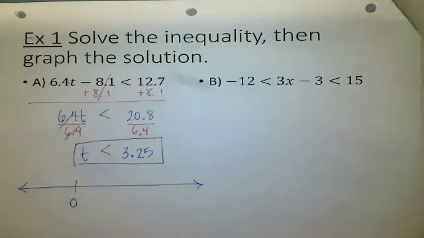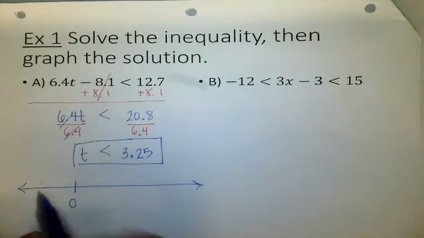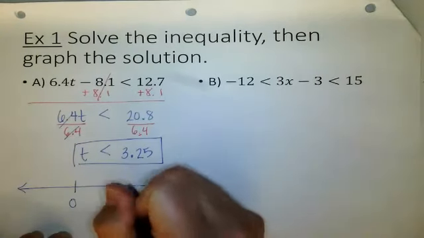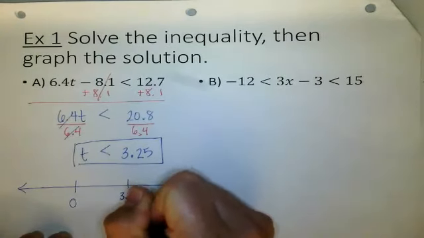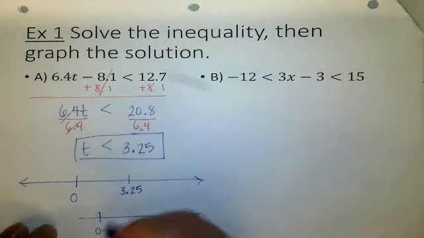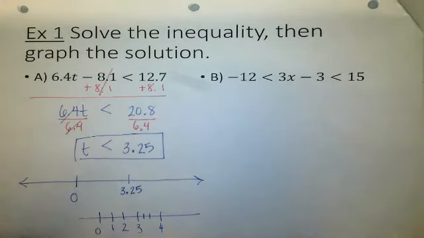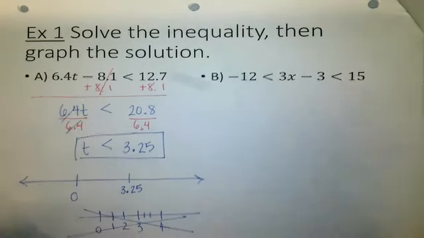And then what is our important number for our solution? 3.25. Would that be to the left of 0 or to the right of 0? To the right. So there it is. I'm just going to mark 3.25. That's all I care about. You do not need to sit there and go 0, 1, 2, 3, 4, and then, oh, there's 3.5, and there's 3.25. That is a waste of time and energy, okay?